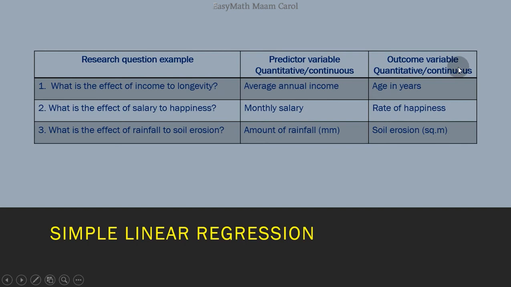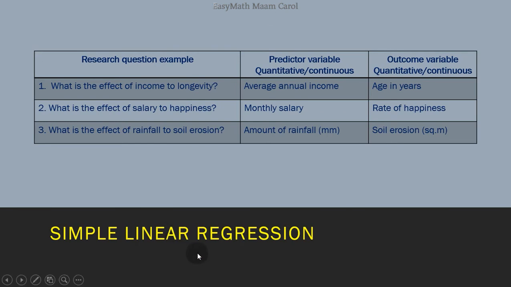And the outcome variable is also quantitative or continuous as differentiated with t-test or ANOVA. In ANOVA, the dependent variable is continuous, but the predictor variable is categorical or qualitative.